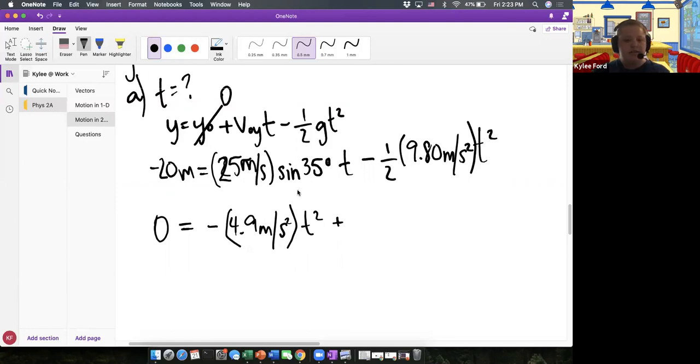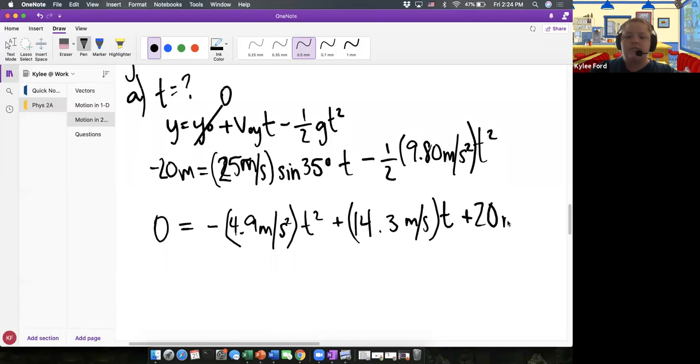Let me use a calculator. 25 times sine of 35, we get 14.3 meters per second, times time. And then I added this over, so plus 20 meters.